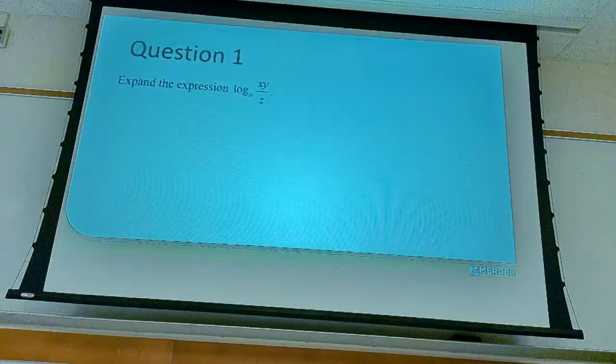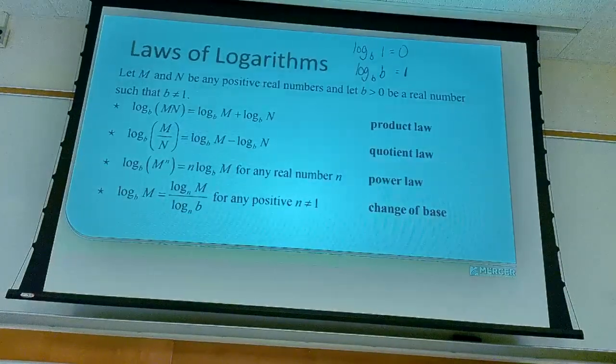So this is known as expanding a logarithm. What we're doing is we're going to write it as a linear combination of simpler logs using those laws. All of them, in general. Well, except for the change of base, right? That's for calculating.